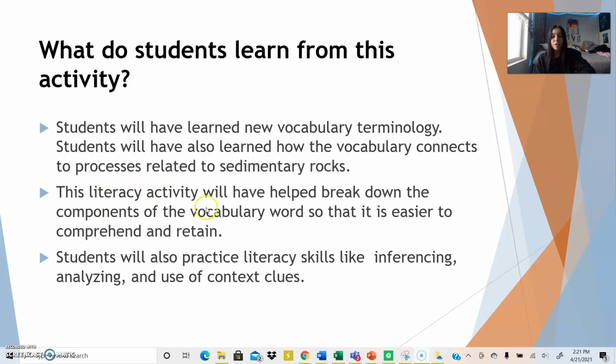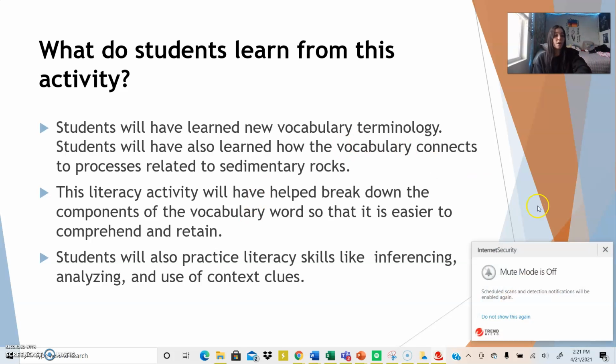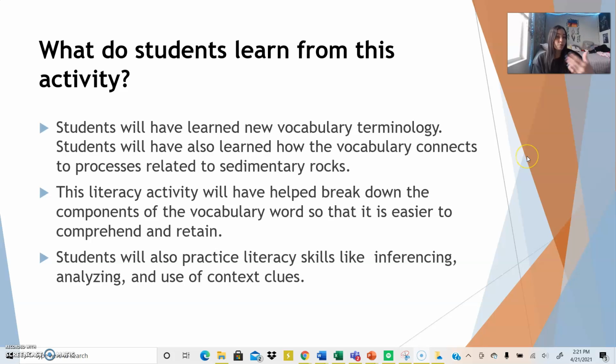This literacy activity will have helped break down the components of the vocab words so that it's easier for them to comprehend and retain. That's basically saying that the Vocab Square offers different ways of analyzing the word. If you're a visual learner, there's a picture and that may help you remember it. Or if you learn from definitions, there's also the definition listed.